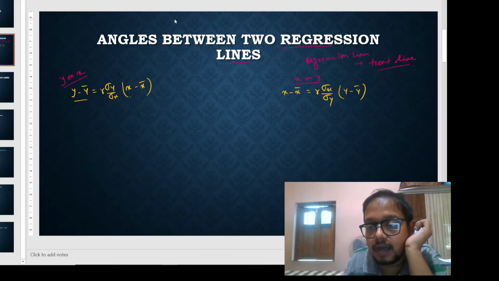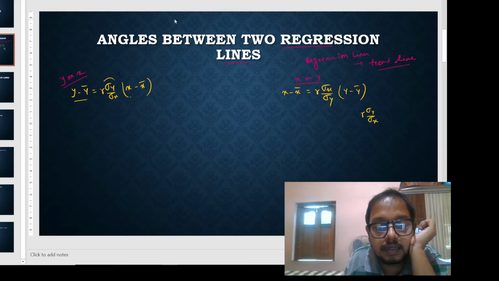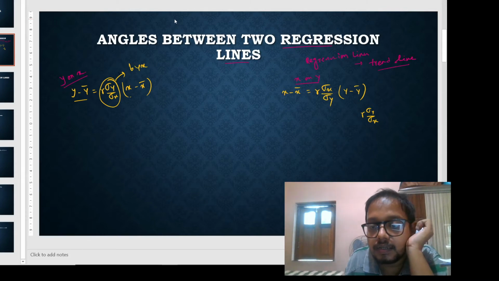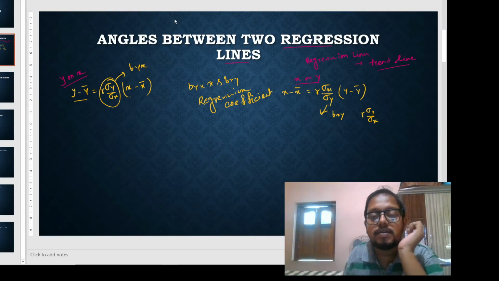Here r sigma y by sigma x is denoted as byx, and r sigma x by sigma y is known as bxy. These byx and bxy are known as the regression coefficients.